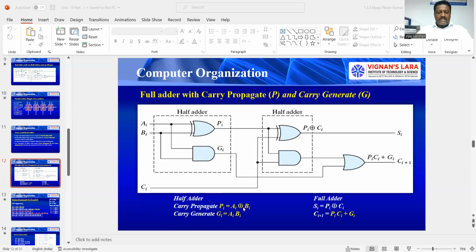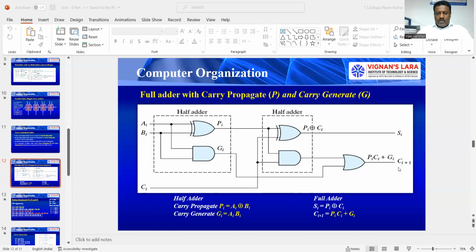It is Ai exclusive ORed with Bi, and here the carry is Ci+1. What is Ci+1? It is nothing but what we get from Pi as well as Ci plus Gi. This is Gi, this is Pi, and this is Ci.